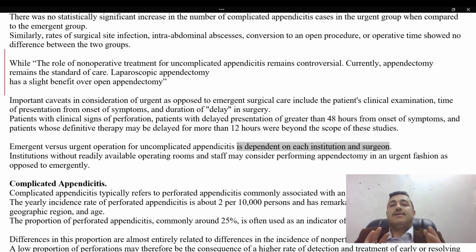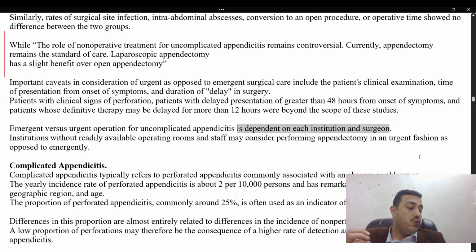And we notice from the studies that perforation is not associated with the length of in-hospital stay. Most of the perforations present to the hospital already perforated. So in-hospital delay in surgery doesn't affect the risk of perforation. This is the first question.